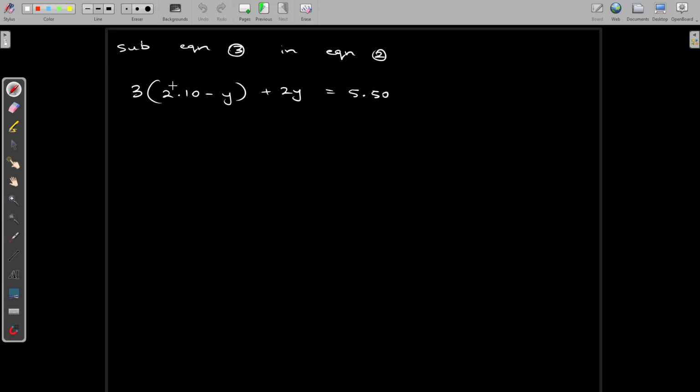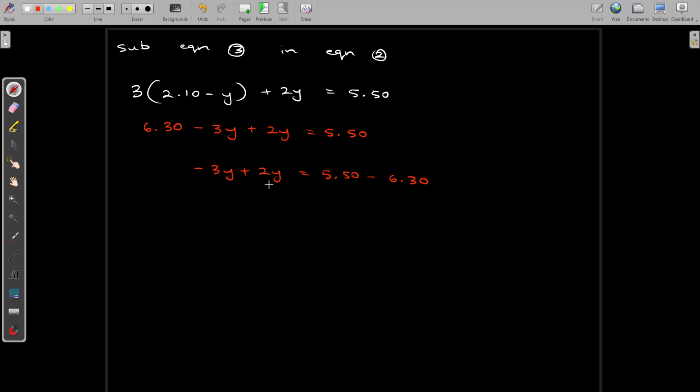Okay, so we replace the x that was right here with what we substitute, we transpose to get 6.30 minus 3y plus 2y equals 5.50. Alright, so the idea is to make y the subject from this. So we're going to be transposing the 6.30. So negative 3y plus 2y is equal to 5.50 minus 6.30.